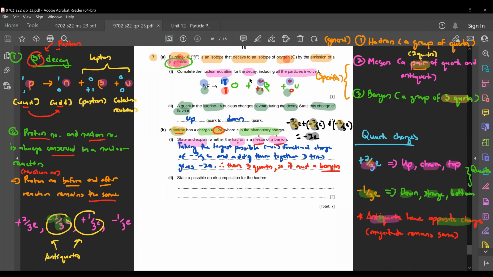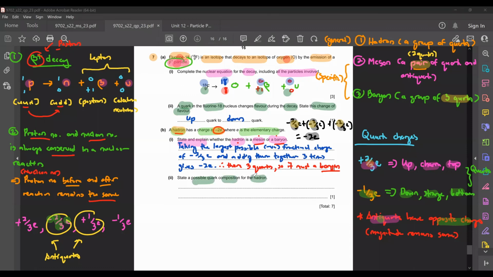Then from there, we move on to the last part, which asks for a possible quark composition for the hadron. We already established that this one is a baryon. So you must have 3 quarks added together that give you your negative 2e, and each quark must be negative 2 over 3e.